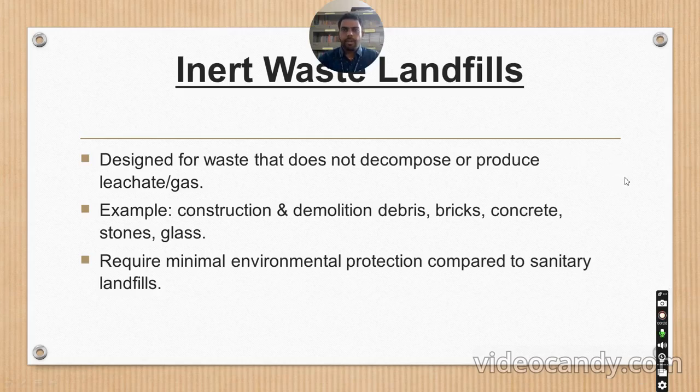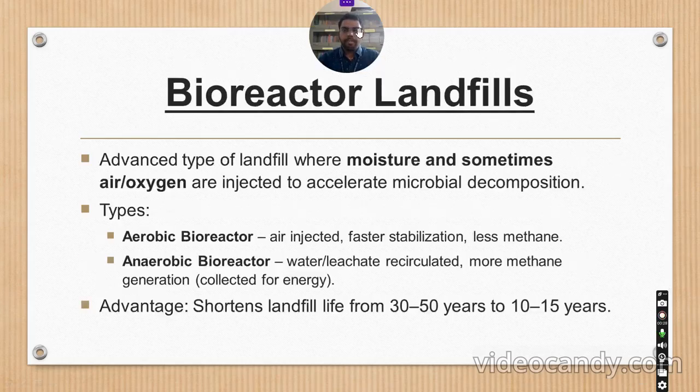And next, coming to bioreactor landfills, here many advanced techniques are involved. Moisture, and sometimes oxygen, is injected to accelerate microbial decomposition. Two types of bioreactors are involved: one is the aerobic bioreactor and the second is the anaerobic bioreactor.